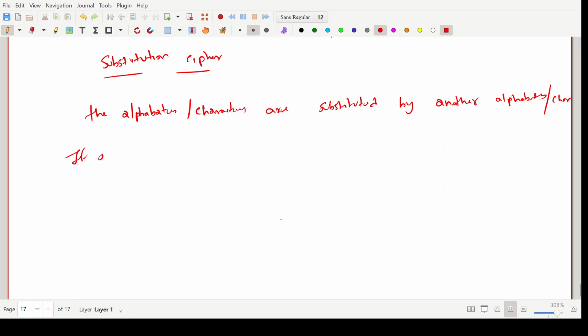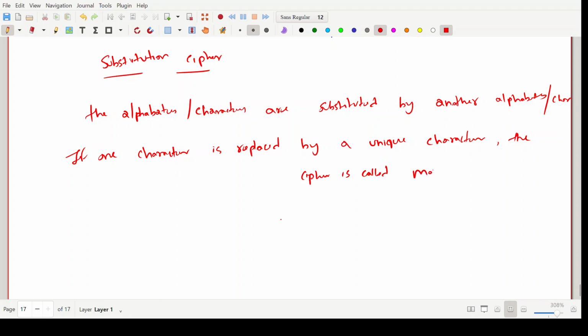That is, if one character is replaced by a unique character, the cipher is called mono alphabetic cipher. Mono means single.